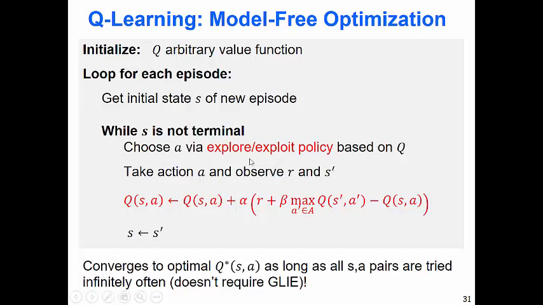Here I'm saying choose an action via an explore exploit policy, in the context of running episodes in an MDP, but it doesn't even have to be consistent episodes. As long as you have a way of generating state action experiences, and as long as you generate all such experiences infinitely often, this will converge.